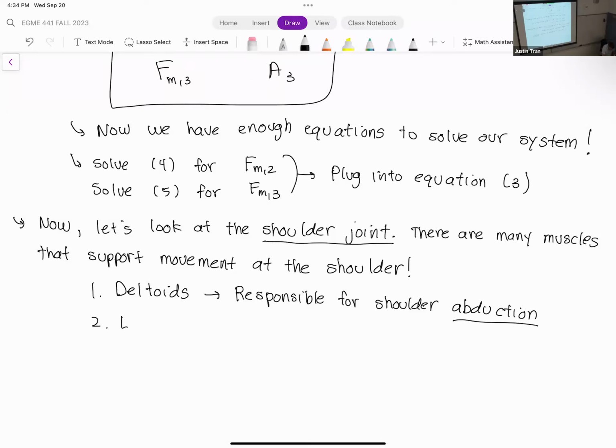Right. Another muscle that acts primarily on the shoulder is the latissimus dorsi, which I don't have in front of me, so I'm going to misspell it, but usually people just call them the lats. Okay, so your lats are the muscles in your upper back, right on top of your scapula.